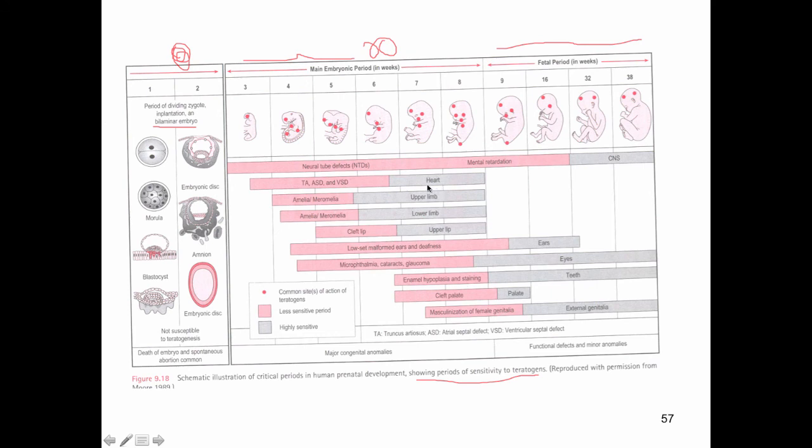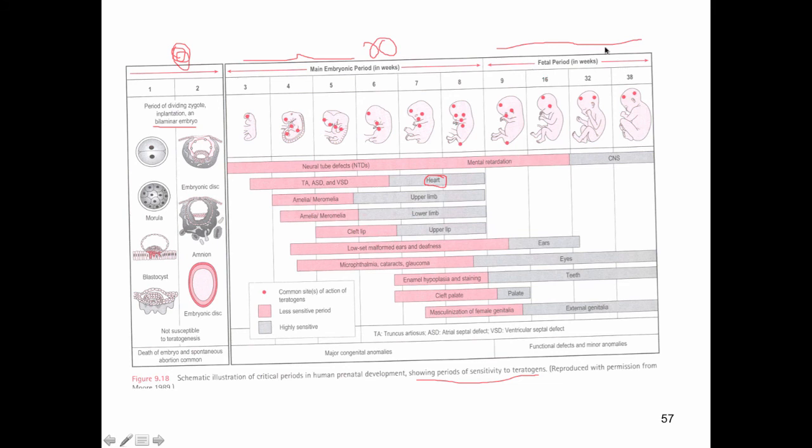So for example, the development of the heart and all of the chambers, that very complex process, happens between about 6 or 7 weeks to 8 weeks, right? So an introduction of a teratogen during that time will be more likely to cause heart problems than if it was introduced earlier or later. Okay. So you can see these vulnerable periods of time.